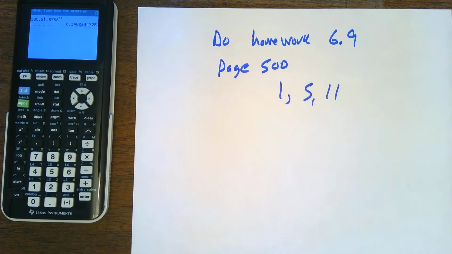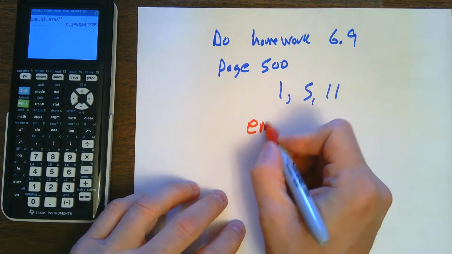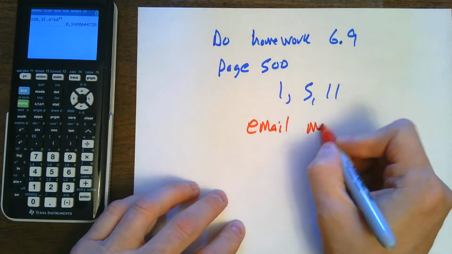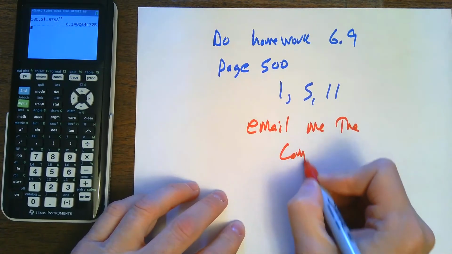Very similar to the one we just did. The numbers are going to be different. It might be growth instead of decay, but that doesn't matter. It just matters if the k value is going to be positive or negative. And then as soon as you've done this, email me the completed assignment.